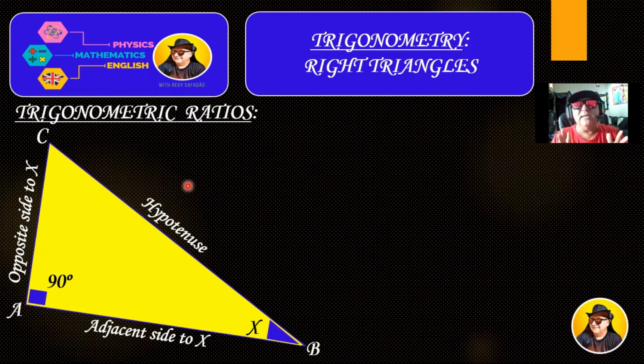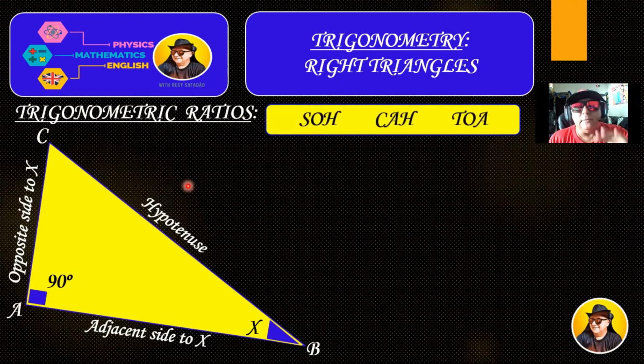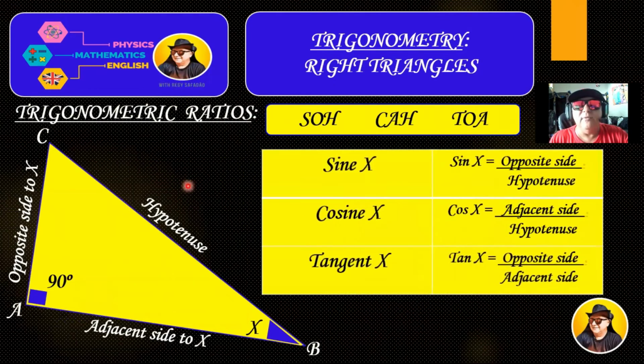See, adjacent because it is near to the X angle, and opposite because it's on the other side of the X angle, okay? Now, let's see one point. SOH CAH TOA. I'm going to explain it later, okay? Let's see now, according to the definitions, sine, cosine, and tangent of x.